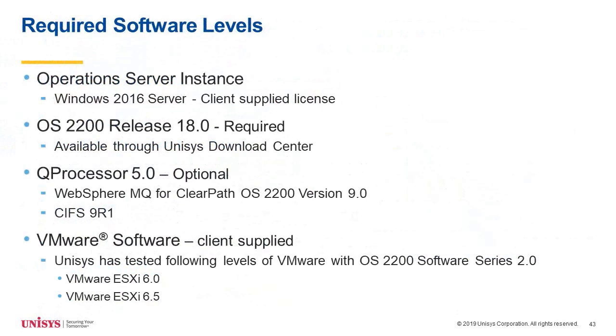If you're doing a Q processor implementation, you will have to have the latest version of the MQ series for ClearPath OS 2200 9.0, as well as CIFS 9R1. And with the VMware implementations, again, that's a client-supplied infrastructure and software. Unisys has tested the following levels of ESXi, 6.0 and 6.5. Those are all supported with the software series.